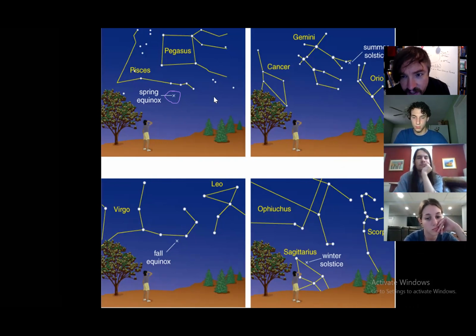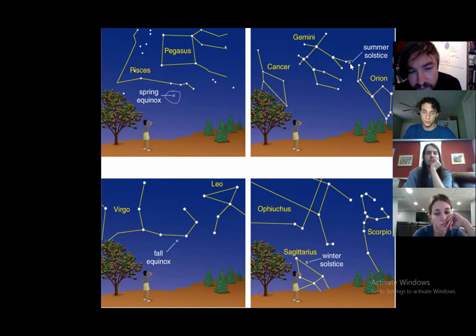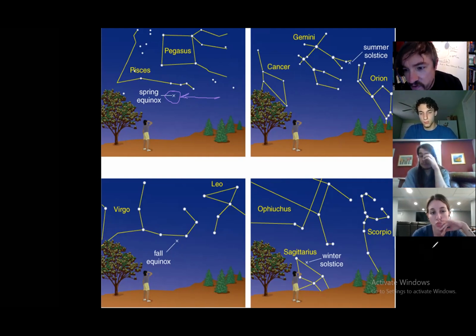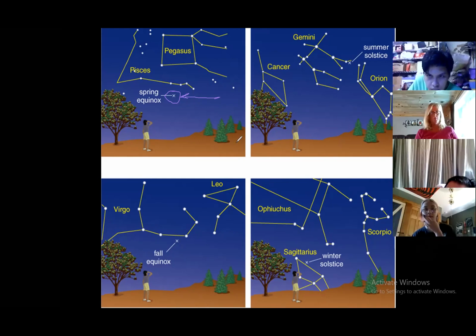Likewise, there's usually nothing at the summer solstice at the foot of Gemini, except once a year, one day per year, a special astronomical object will appear at the spring equinox. Can you guess what it is?